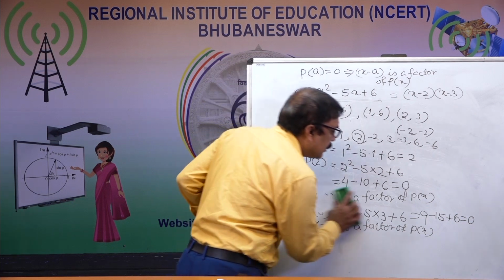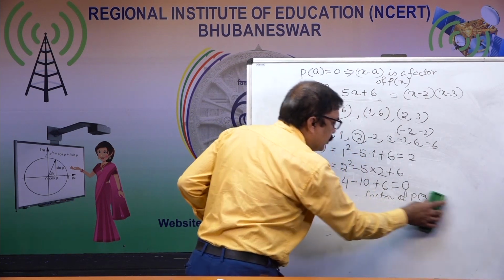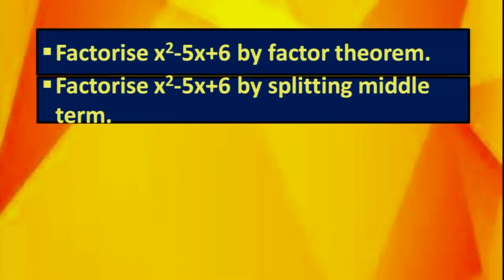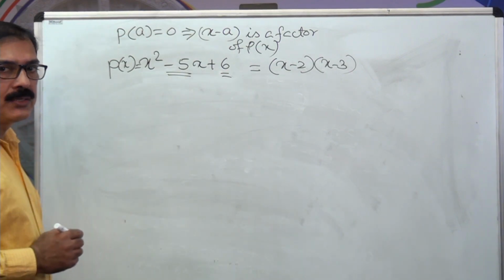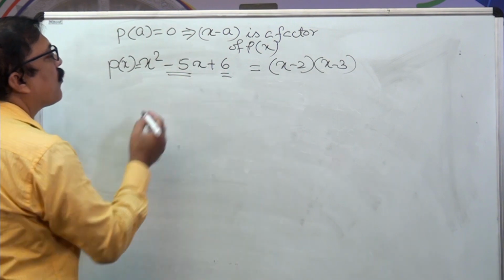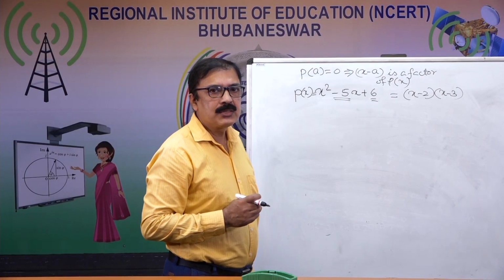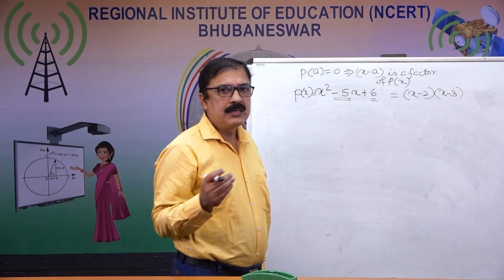How to solve this again? We shall use the splitting of the middle term to solve this, and we'll verify whether what we have done is right or wrong. Middle term splitting, as we discussed earlier, this must be the sum of two numbers and this is the product of those two numbers. So first of all, we have to find the product of two numbers so that it will be 6.